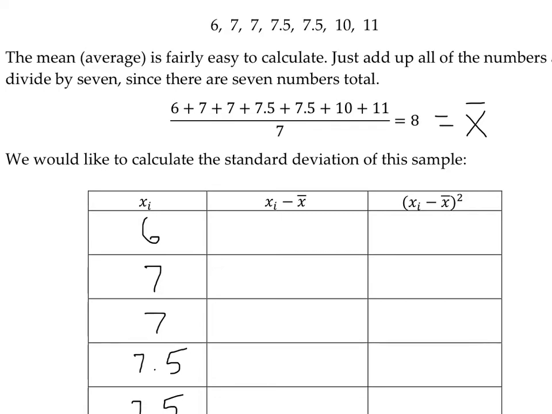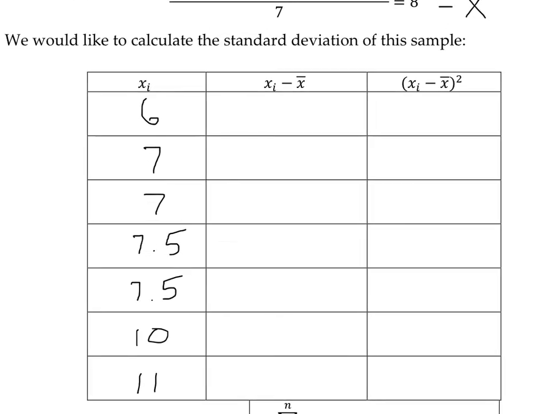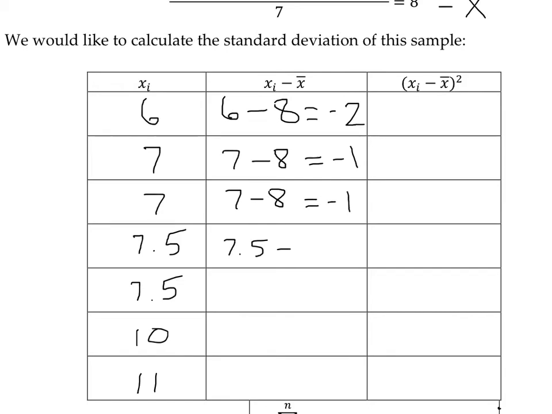All we're going to do here, and this is actually pretty simple, is 6 minus the mean. So 6 was our data point, and X bar was our mean. 6 minus 8 is negative 2. Then we do that for each of our points. 7 minus 8 is negative 1. 7 minus 8 is negative 1. 7.5 minus 8 is negative 0.5.